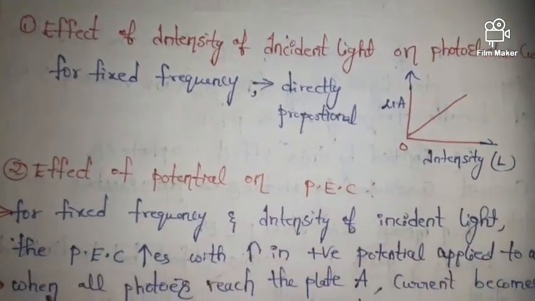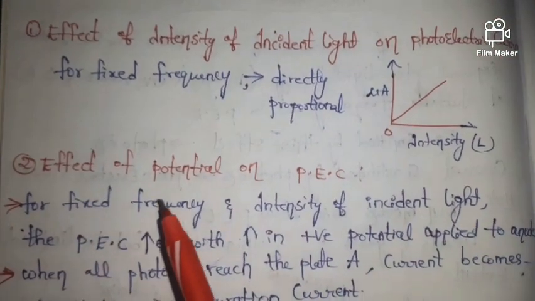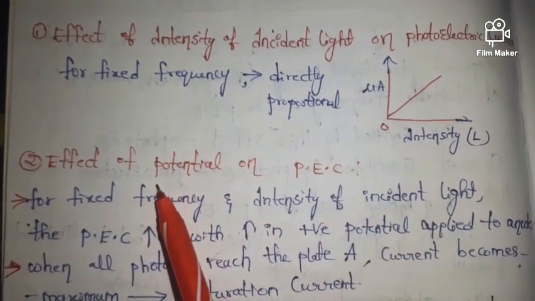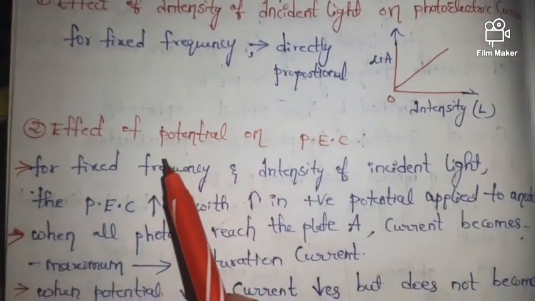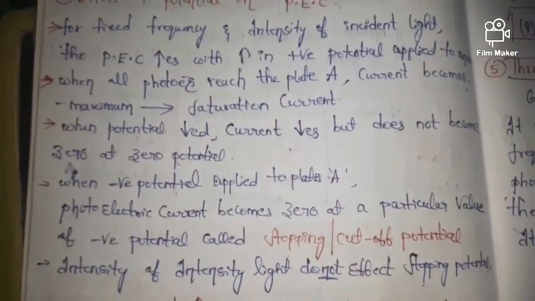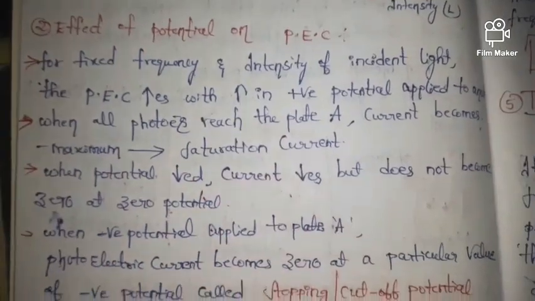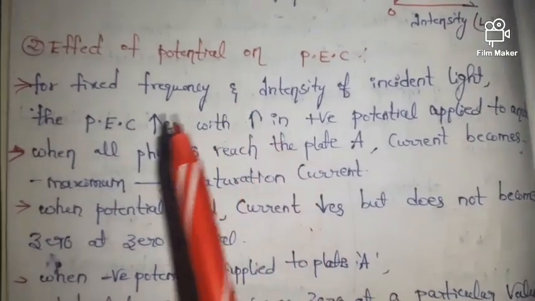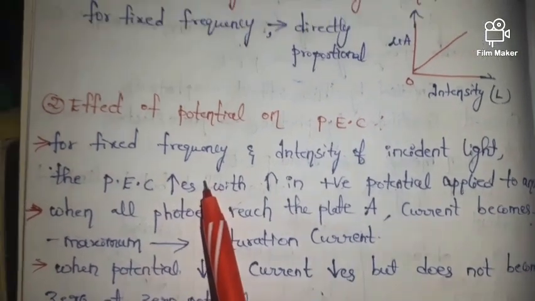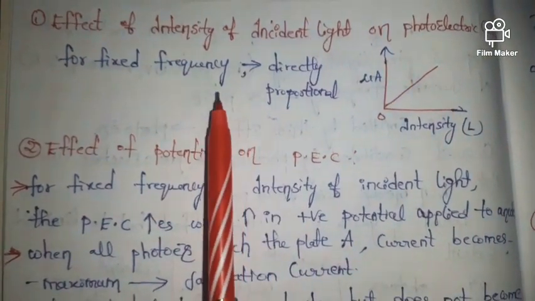Next, second point, friends: effect of potential on photoelectric current. Here it is about the potential. I'll explain with a graph. First, for fixed frequency, in the first case also the frequency is fixed, right?